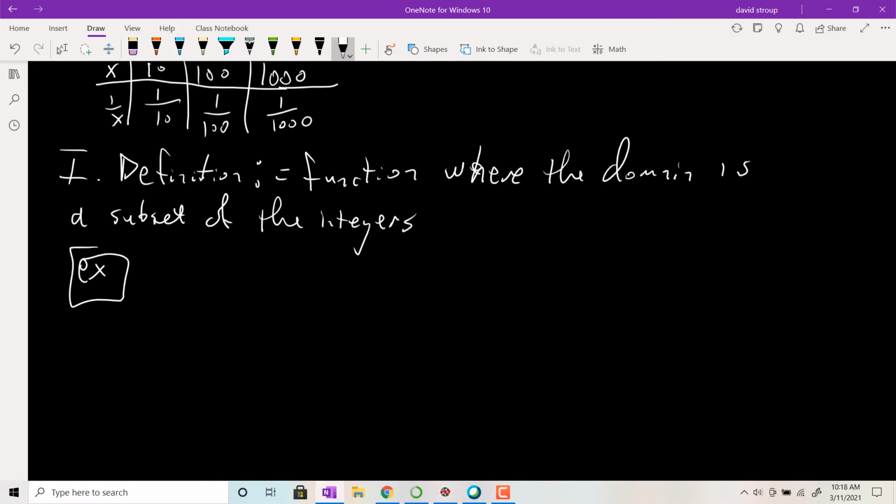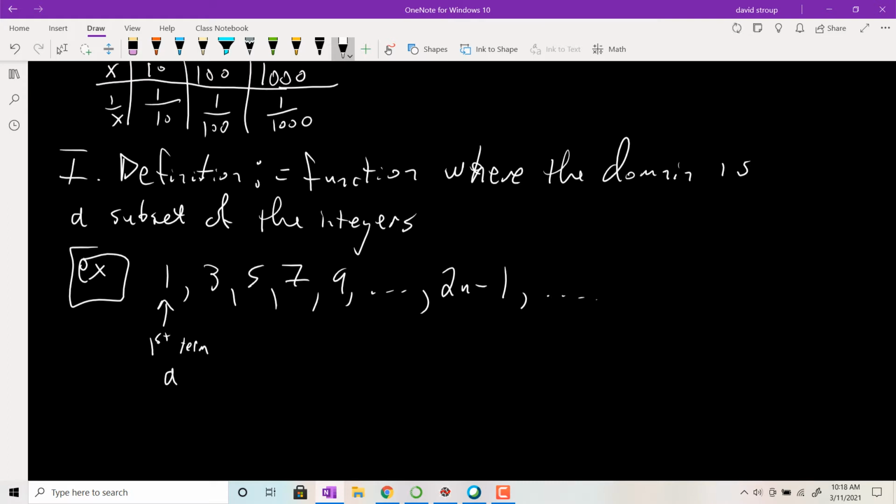So, we need some notation. An example of a sequence: 1, 3, 5, 7, 9, and so on, where the general term is 2n minus 1. This first one is the first term, and we'll label it a sub 1.